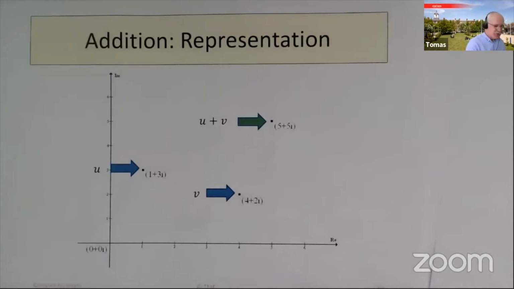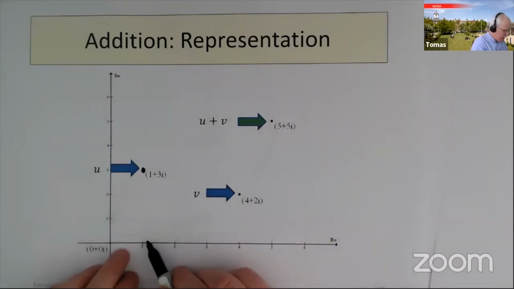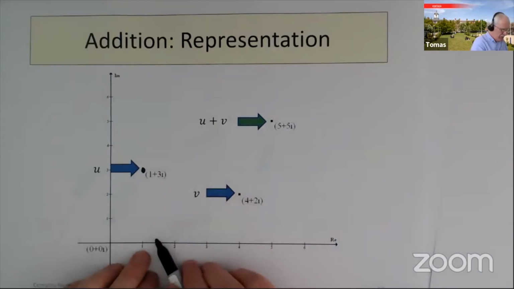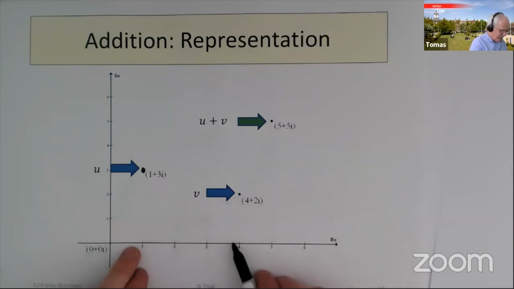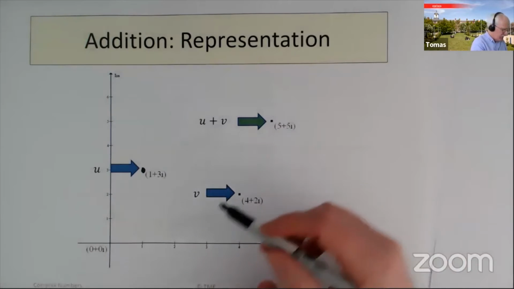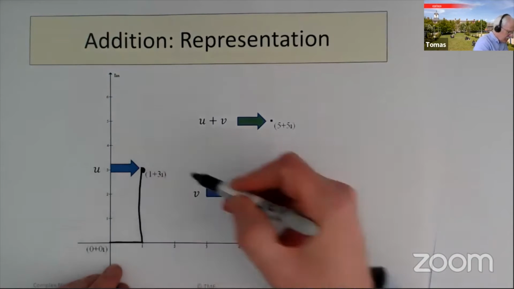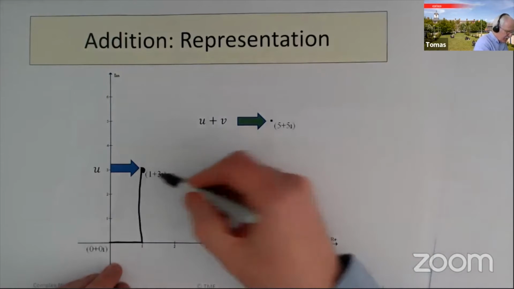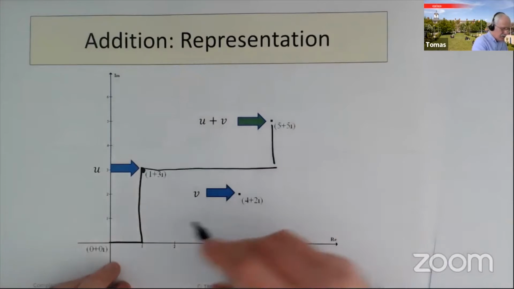I might have chosen to represent that on the Argand diagram, and that's 1 plus 3i, 1 out and 3 up. v is 4 out and 2 up. So what's the total? Well, 1 out and 4 out would be 5 out. 3 up and 2 up would be 5 up. So effectively, that's how that works. If I went out and up, and then followed by the 4 out and the 2 up, I'd get the same.